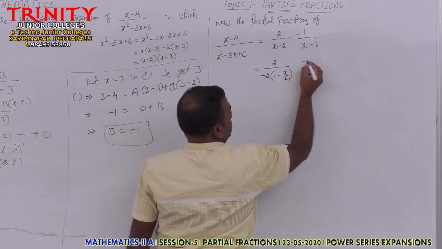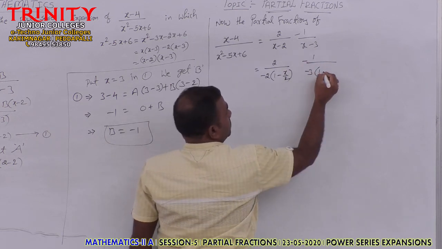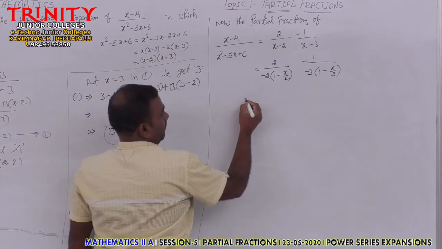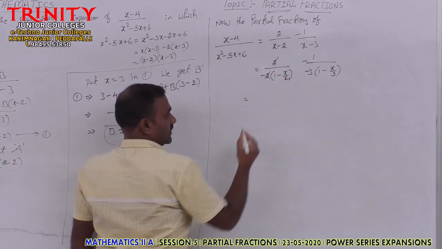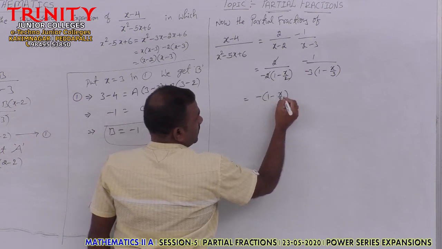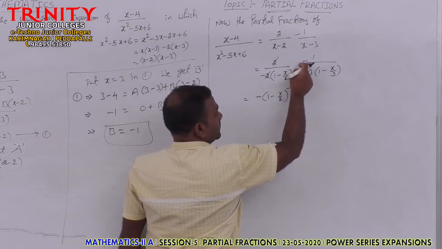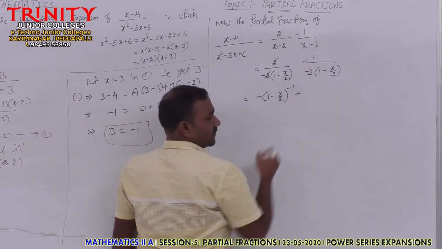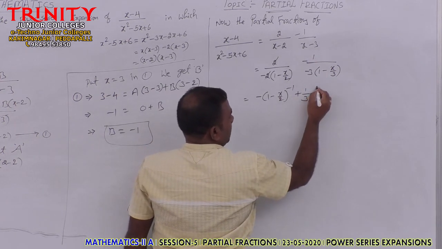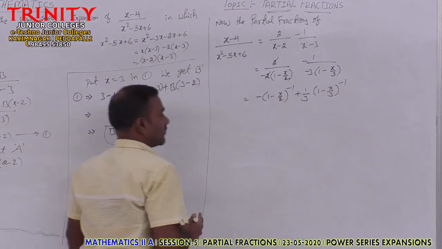And this one also, minus 1 by, take minus 3 as common, then it becomes 1 minus x by 3. 2, let's cancel, then it is minus of 1 minus x by 2 whole to the power of minus 1. Take it into numerator. This becomes minus into minus, it is plus. And take this one into numerator, it becomes 1 minus x by 3 whole to the power of minus 1.